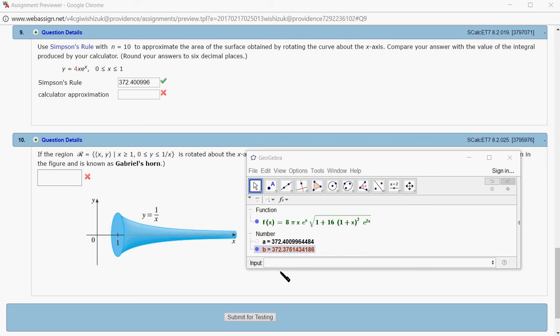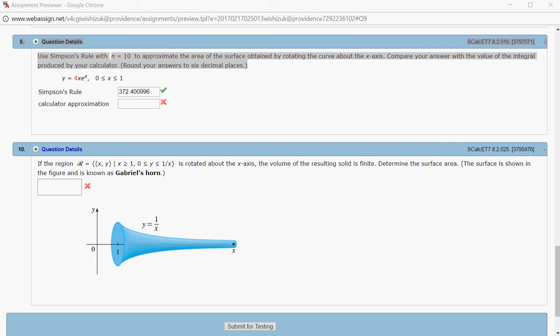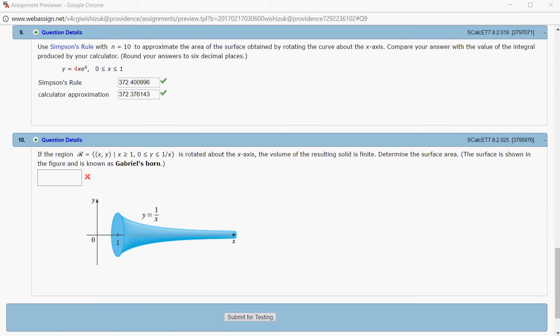It came back and we have 372.376143. Let's type it in: 372.376143. Let's submit for testing. It came back and looks like we got this one correctly. That's it. I hope that this was clear.